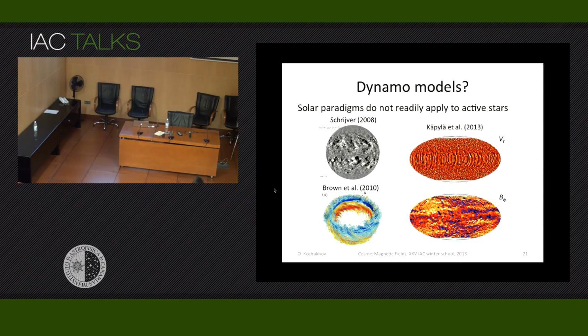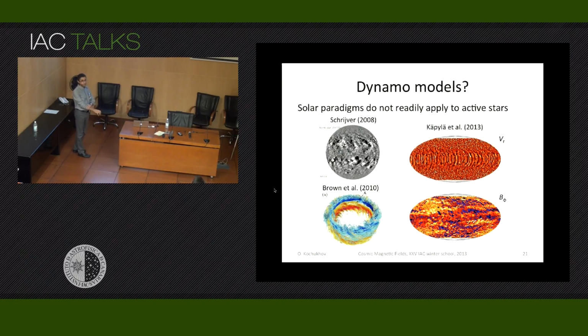This is the distribution of the radial velocity, so you see the convection pattern here, and this is the distribution of the horizontal azimuthal magnetic field, and you do see this pattern of systematic rings, which maybe looks like observations, but this is really going on right now.